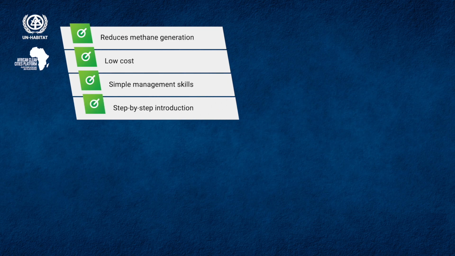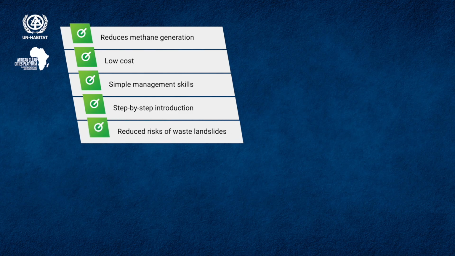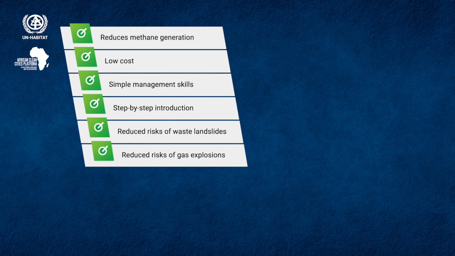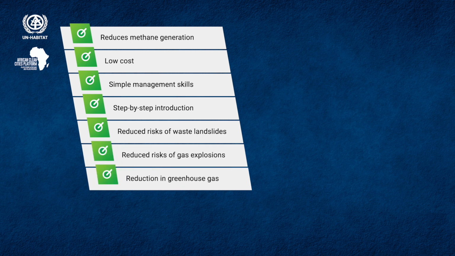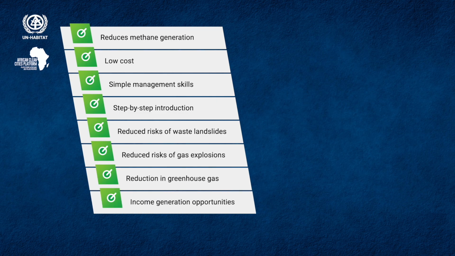This means you can gradually upgrade each function of the landfilling as and when needed, rather than doing everything all at once. It can minimize risks of waste landslides, methane gas explosions, greenhouse gas emissions, particularly methane, air and water pollution. It can even create income generation opportunities for people at and around the site.